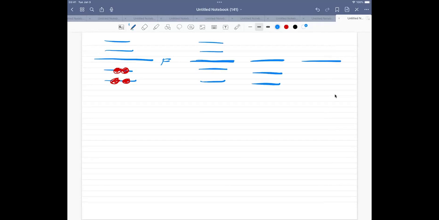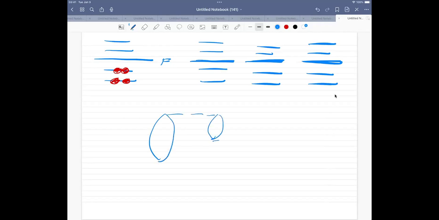I'm just going to draw these lines here. And then I'm also going to draw the diagram back again. So let's put the diagram down here. And I'm not putting labels on the lines of the diagram.